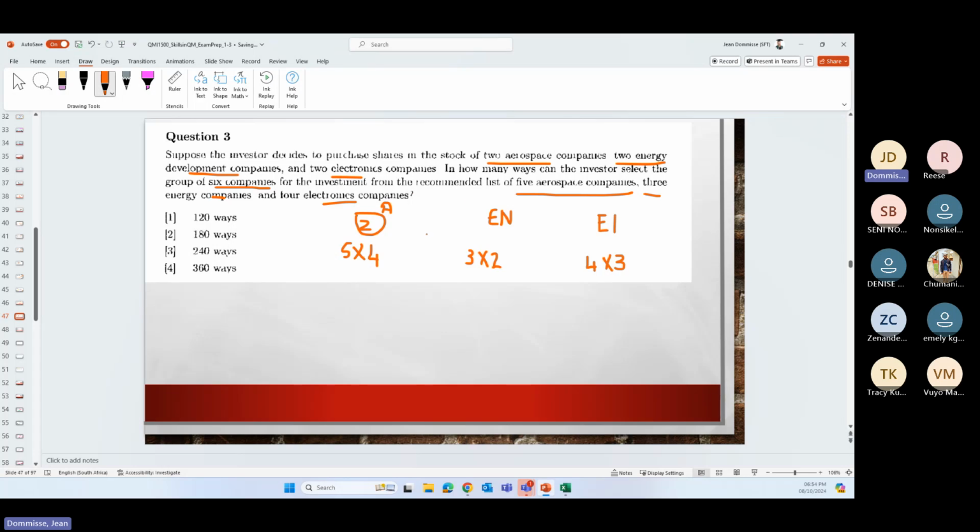Of 2 aerospace, 2 energy, 2 electronics, how many ways can the investor select the group of 6 companies for investment from a recommended list of 5, 3, and 4?